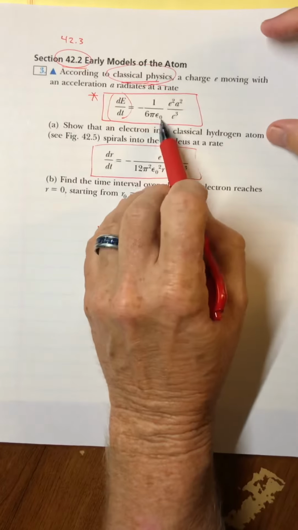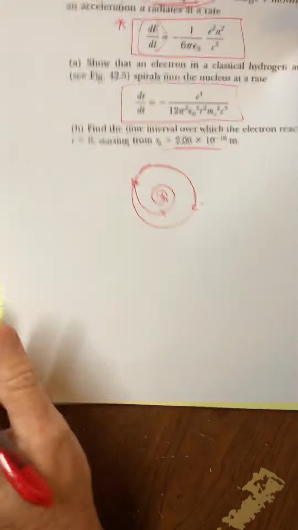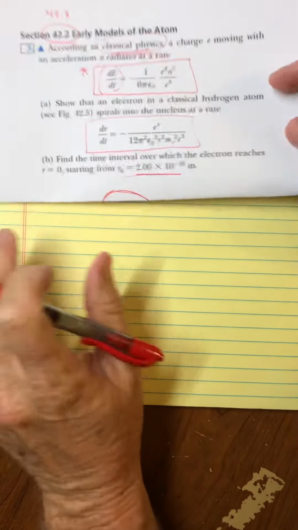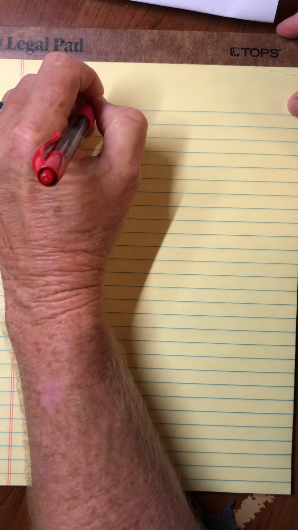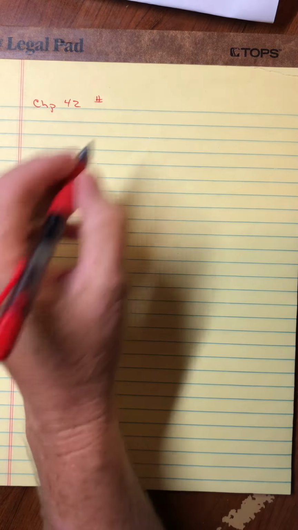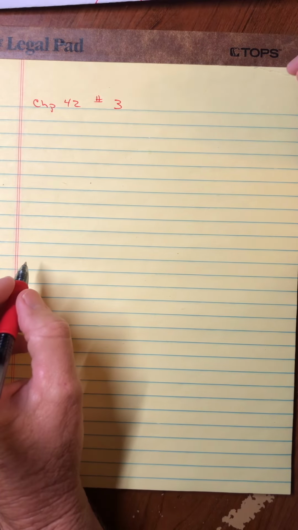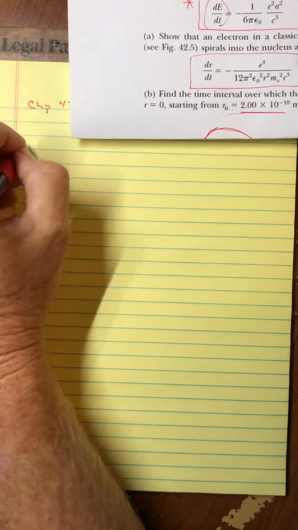All right, so let's start this problem. Let's start with this equation, and then it says show that the radius would change here. I'm going to begin the problem and eventually get to this really short time frame of how long the atom will last. So here we are, chapter 42, number 3. Let's start with this equation, but I'm going to change it a little bit.